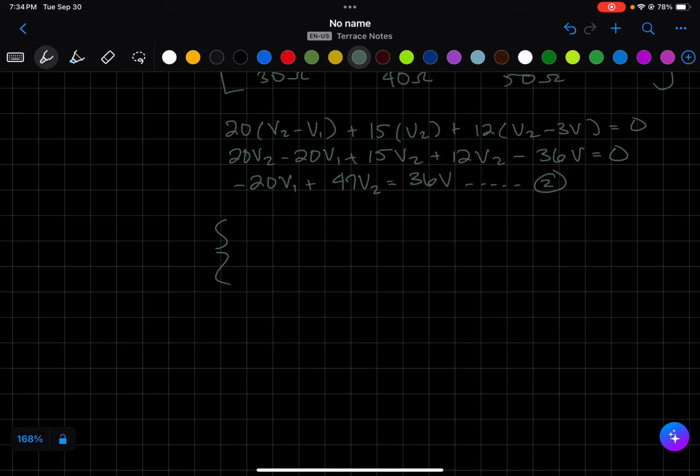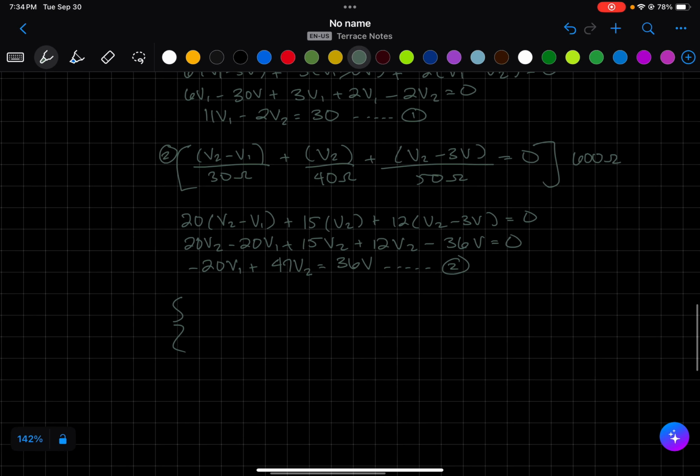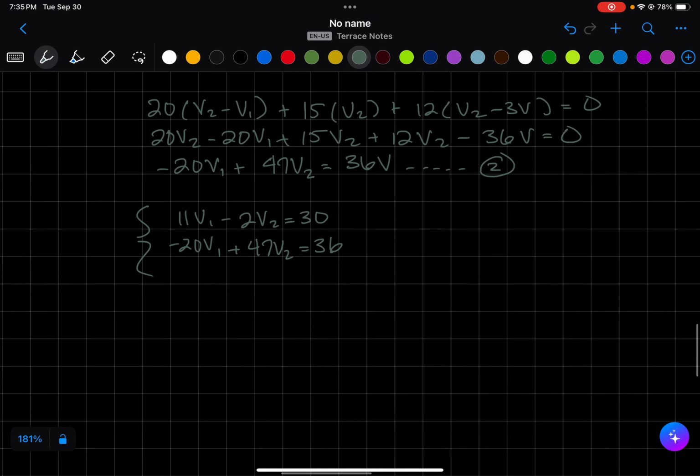Now we do the system of equations. So we'll grab our first equation right here, write that down.